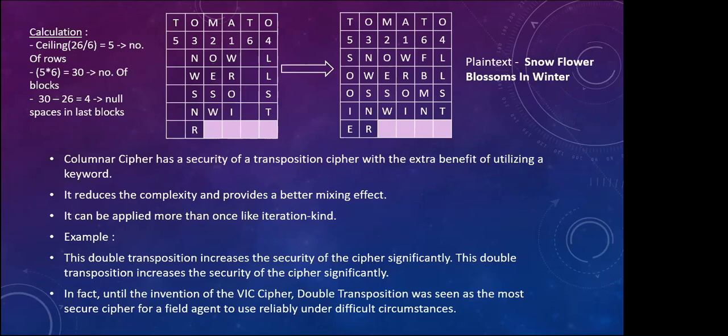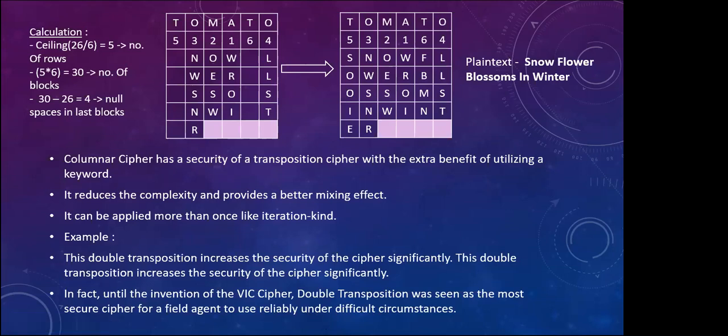When we do it 2 times, that's called a double transposition cipher, and it increases the security a little more significantly. It was used until the VIC cipher came into regular use.